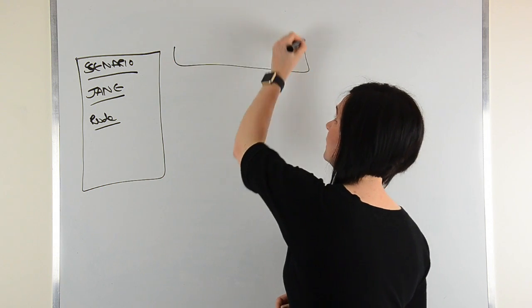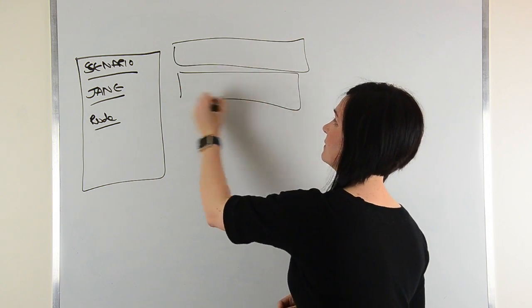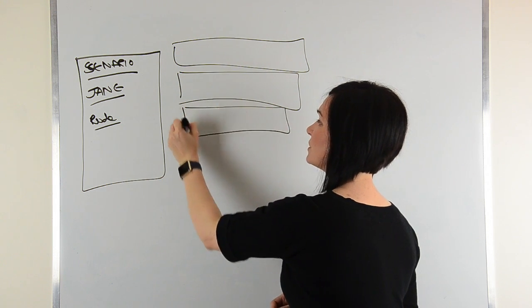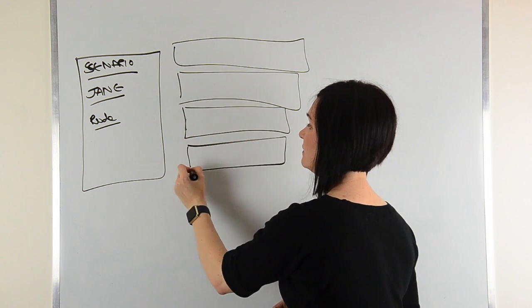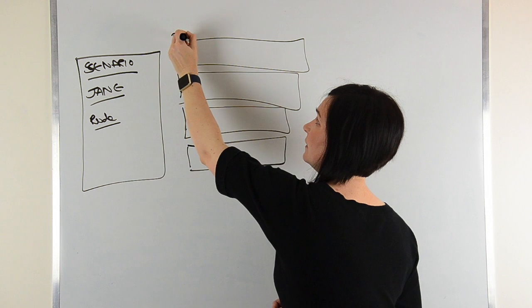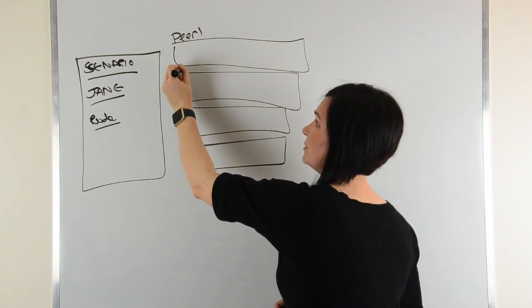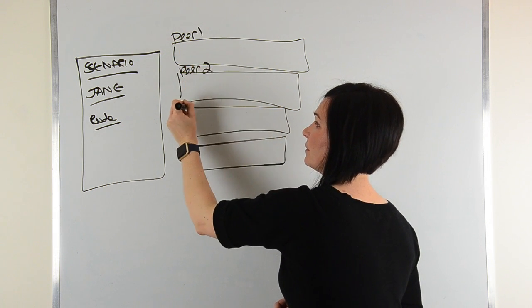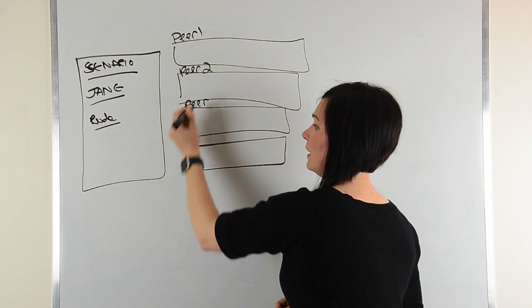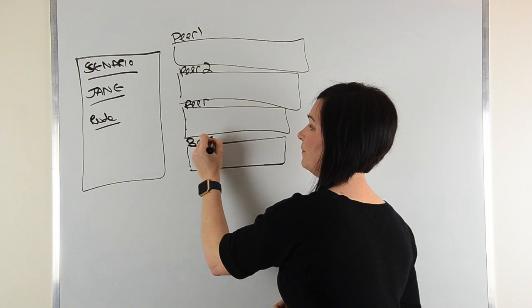So peer number one says, well, this person was obviously rude, so you should react this way. So this is peer one, peer two, peer three, and maybe here we'll put the boss.